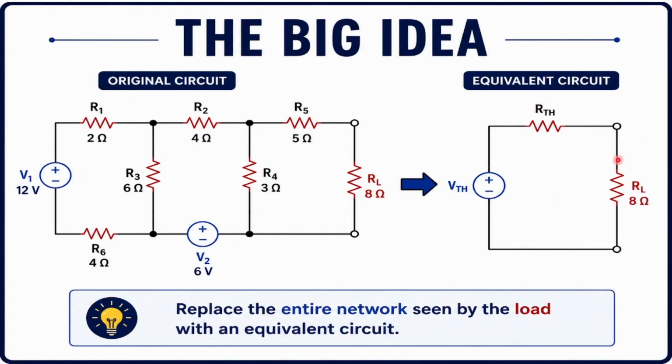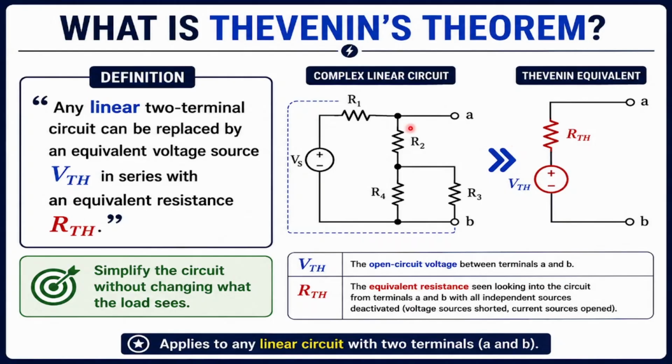And this way we can calculate whatever we want to calculate from this load, the current, the voltage, and whatever we need to calculate easily without going the stress of calculating everything from here. So we can just replace the entire network seen by the load with an equivalent circuit of Thevenin and Thevenin.